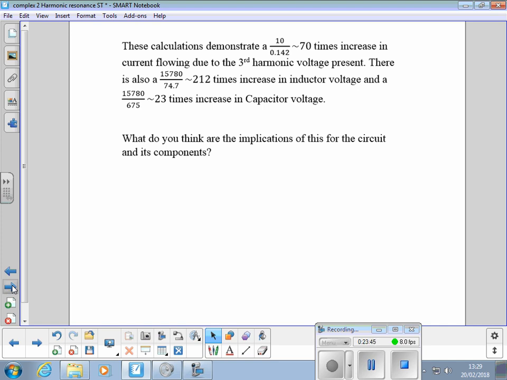If we assume that the circuit's designed so that it has 142 milliamps flowing, you'd allow for a cable that will take an amp, probably, maybe 2 or 3 amps. Your highest voltage across components at the fundamental frequency is 675 volts.